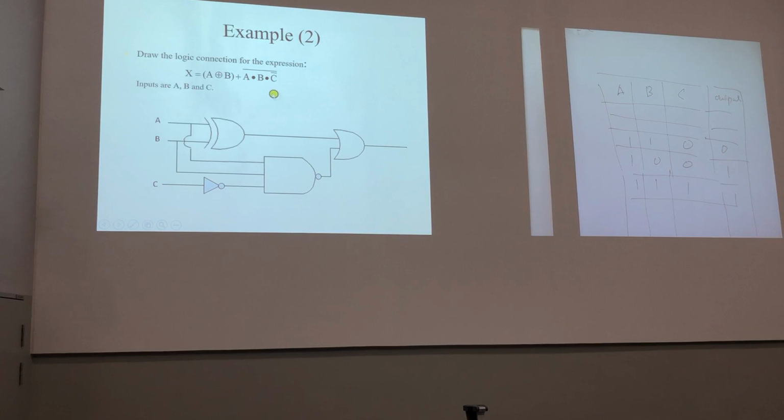Alright, let's look at this one first. A, B, C bar with a bar on the top. I have 3 signals, 1, 2, 3. This one should go to this logic gate. These 2 signals should go to this logic gate. And these 2 combined should go to this logic gate.